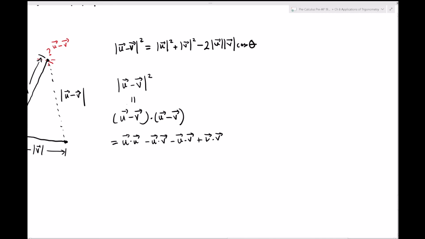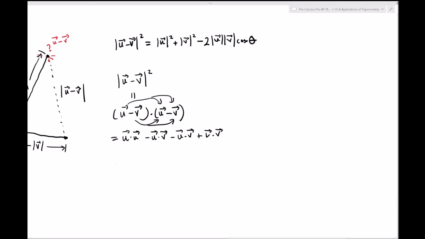So what I did was apply the distributive property, this one with that one, and this one with this one. Since the distributive property holds for dot products, we can apply it.